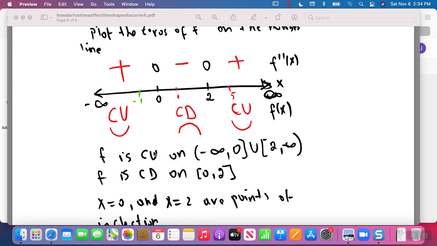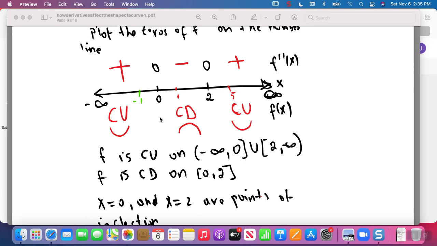Now let's look at the change of concavity. Here the second derivative is changing sign from positive to negative at x equals 0. Or we can say the function is going from concave upward to concave downward at x equals 0.